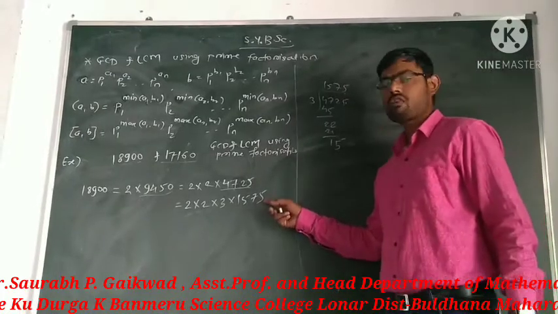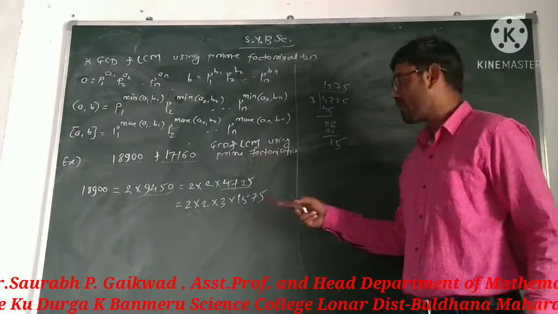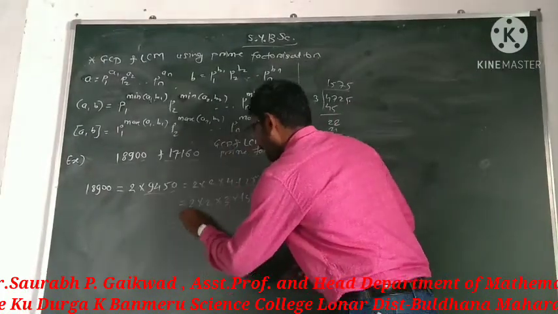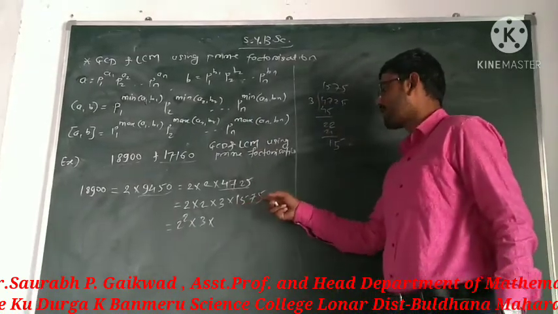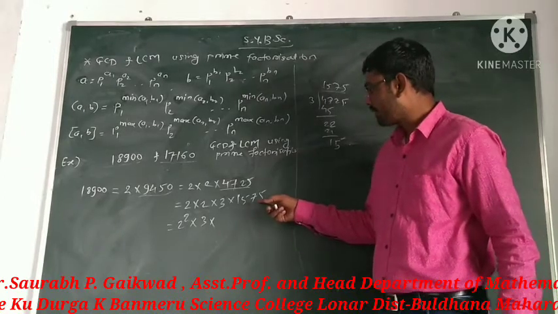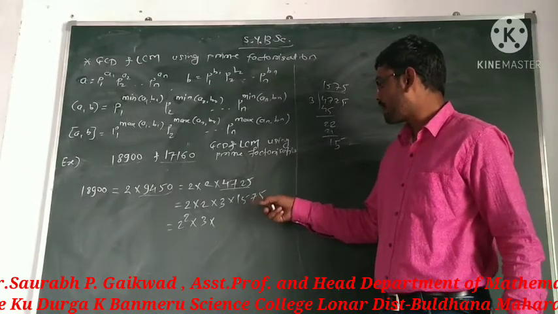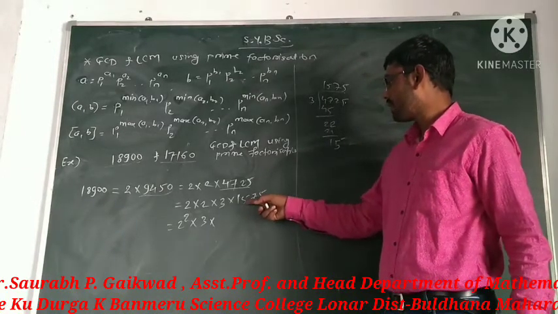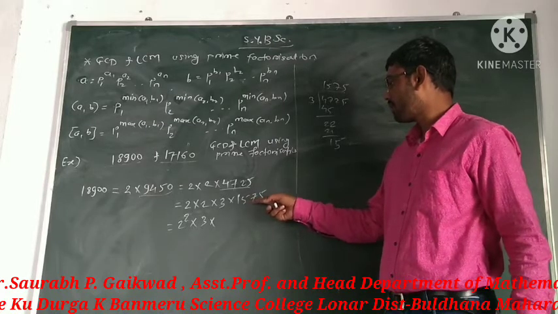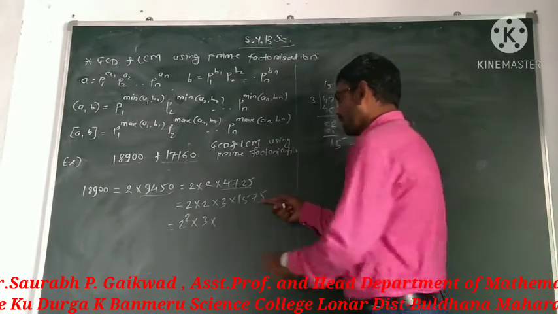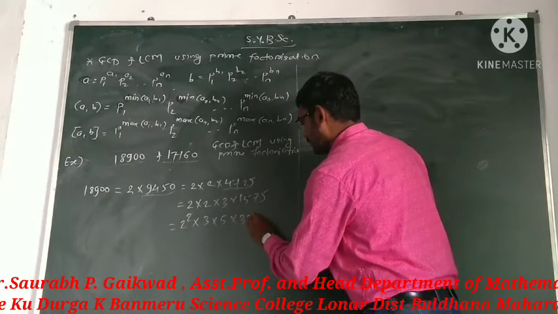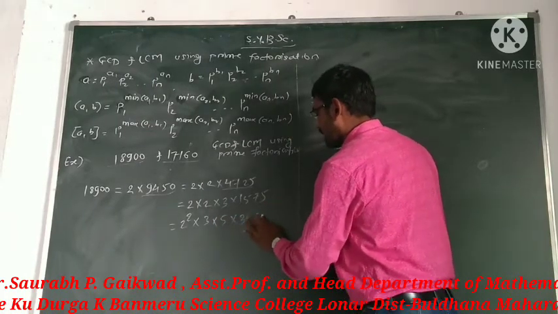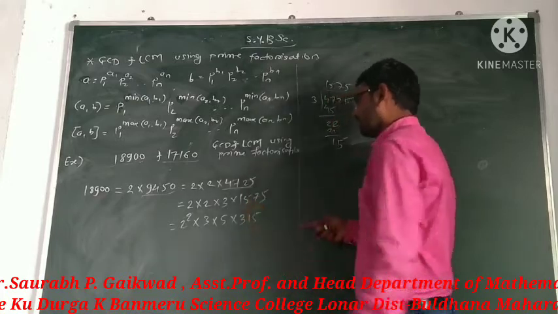Now this number is divisible by 5, so we divide it by 5. So it is equal to 2 into 2, which is 2 square, into 3. Now divide 1575 by 5. What is the answer? 300 into 5 is 1500, plus 25, so 1575 divided by 5 is 315.